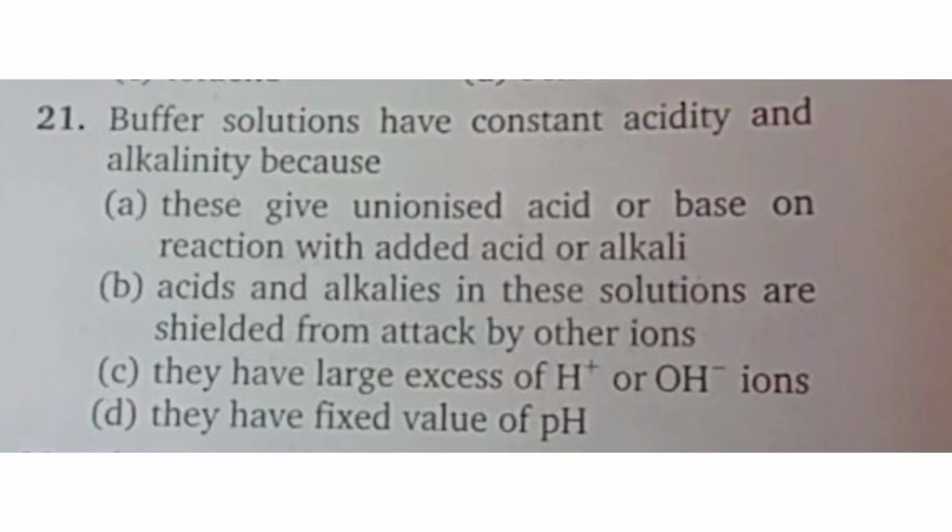The next one: buffer solutions have constant acidity and alkalinity because. And the right one is option A: these give unionized acid or base on reaction with added acid or alkali.